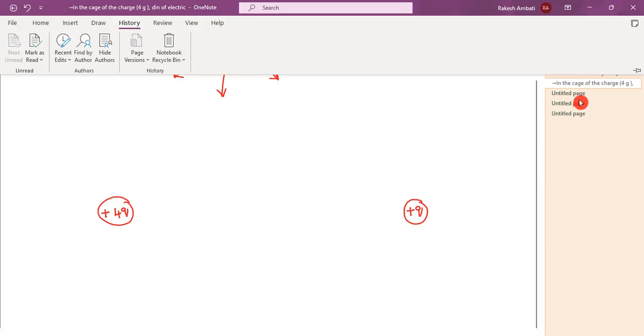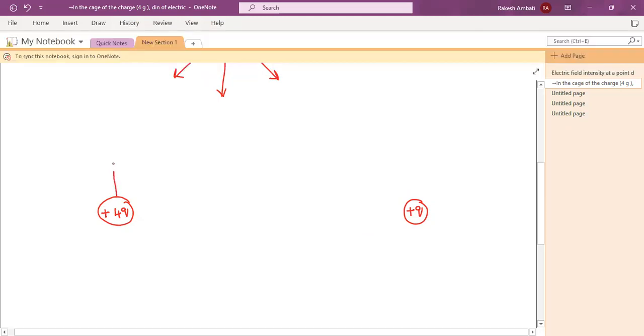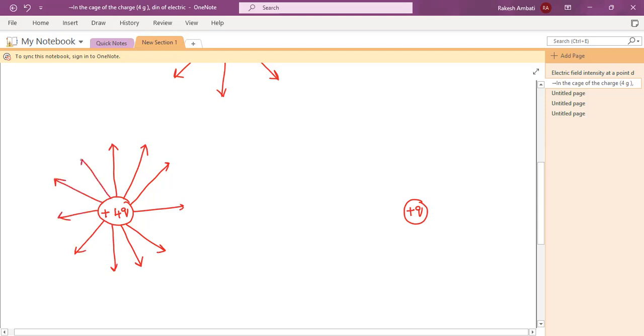I told you already, greater the magnitude of the charge, stronger the electric field. Stronger the electric field means a greater number of electric lines of force are present.